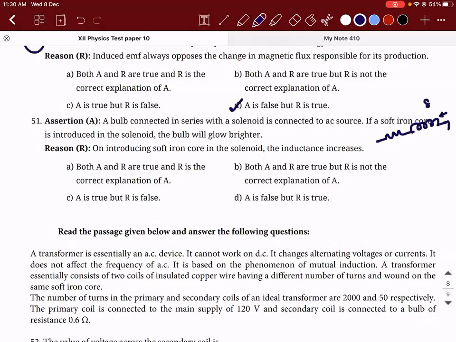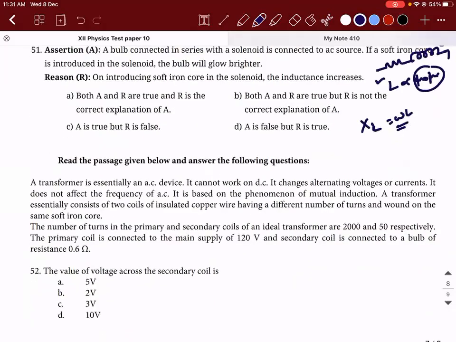When you insert a soft iron, you know that L is directly proportional to mu naught into mu r. So when an iron is inserted, what will happen to its permeability? Permeability will increase. If permeability increases, inductance will increase. If inductance is increased, inductive reactance is increased. If inductive reactance is increased, current is decreased.